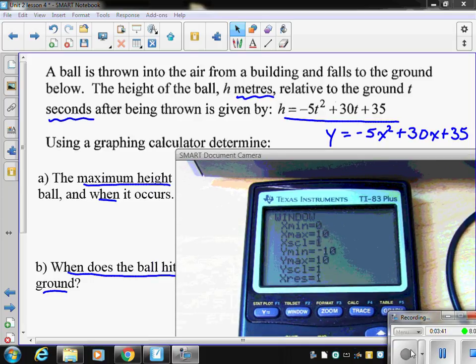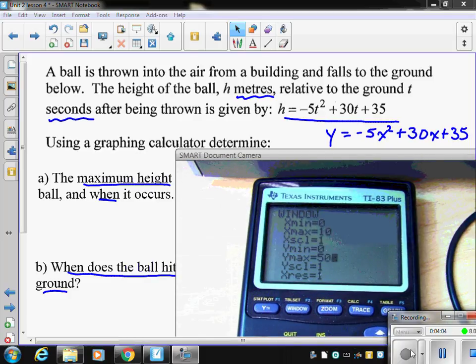Let's change the range, which are the y numbers. It doesn't make sense to have a negative height either for a ball. That would be under the ground. So I'm going to have my range go from 0 to what would be a good maximum height of our ball. Well, I see the number 35 in the equation, so I want at least 35.